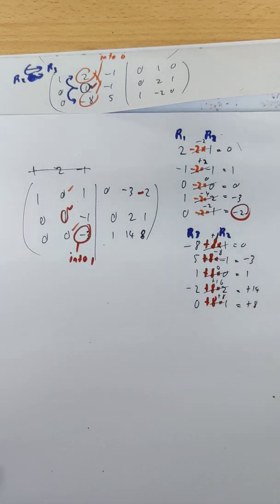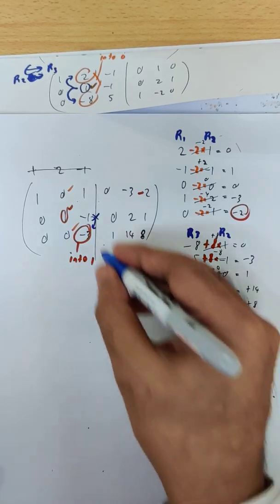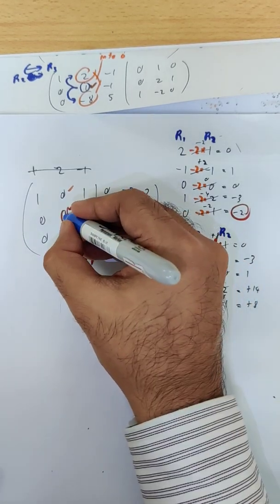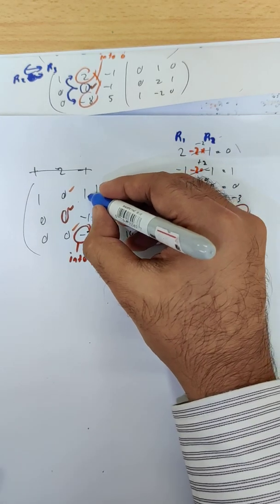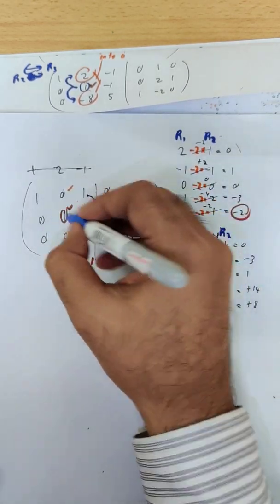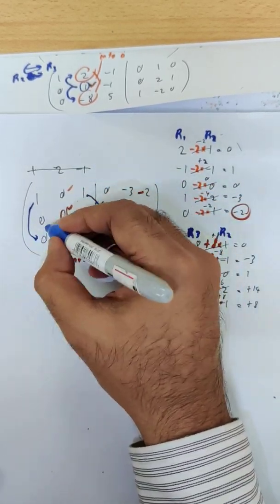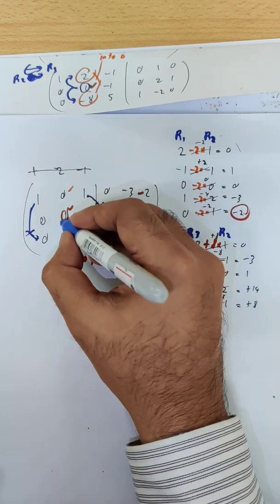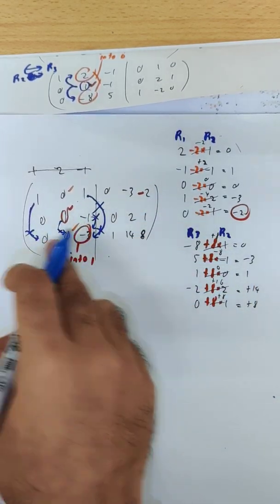We cannot use this one to attack it, because if we were to attack it, this one will interact with 0 and it won't be 0 anymore. Same for this one. If I were to attack here, then this one will attack here and it will not be 0 as well, because we want to keep these two as 0.